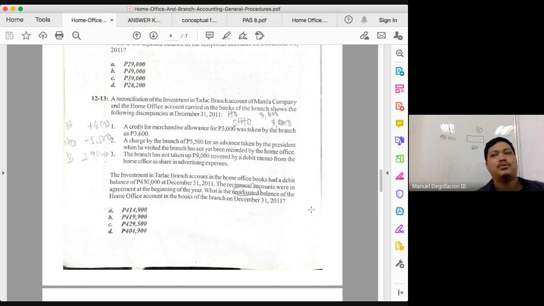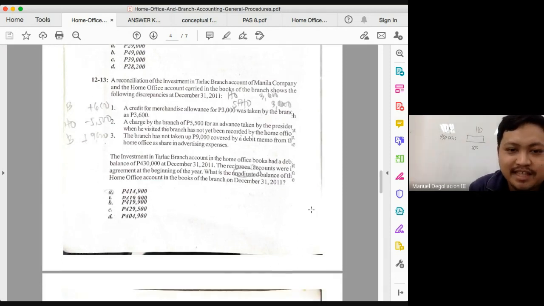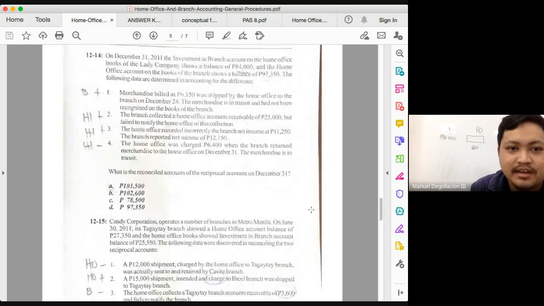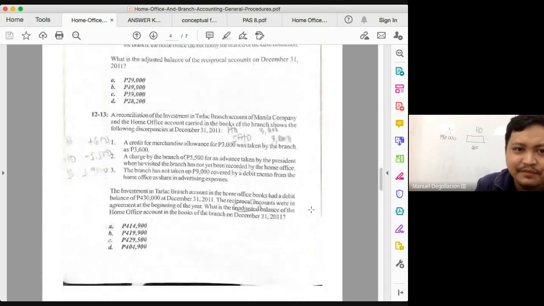Anytime it transacts with another branch, it will think that it is transacting with the home office. Okay? It will be the home office that will maintain a lot of investment in branch accounts, but your branches will only maintain one reciprocal account. We will emphasize that later on in problem 15. Okay, but let's just finish problem 13.